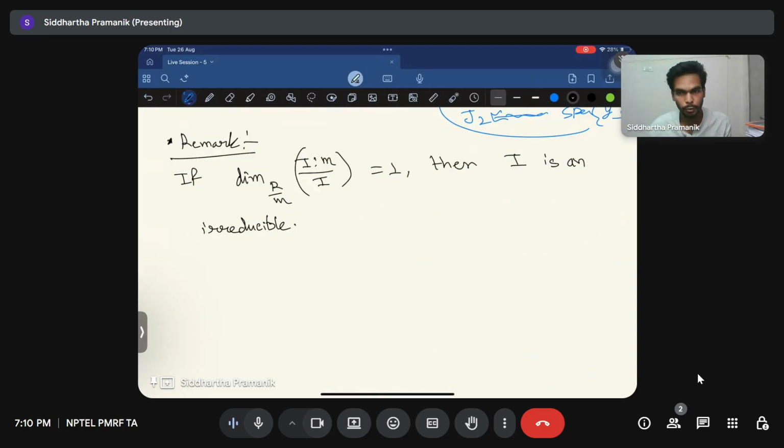One may try to prove this, but it will be easier once we see the concept of Artinian rings or finite length modules. So you may try to prove it after reading those things, but just take it as information.